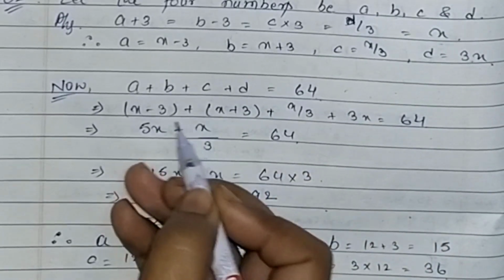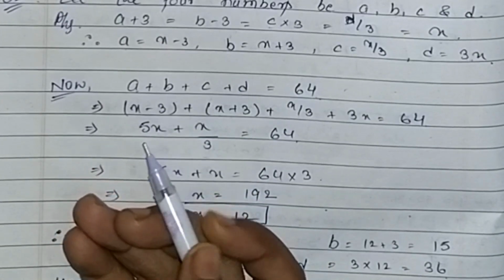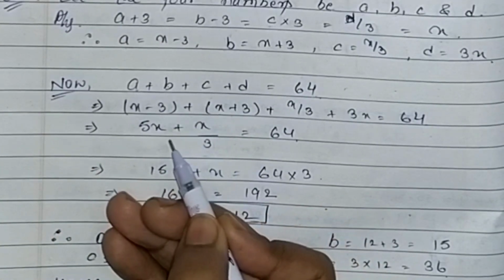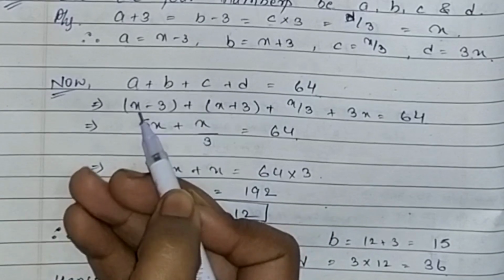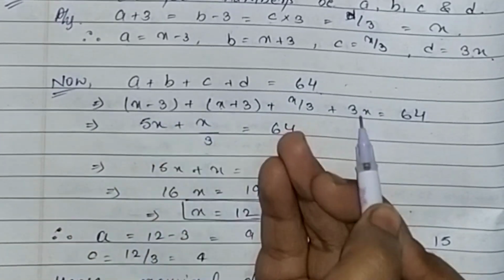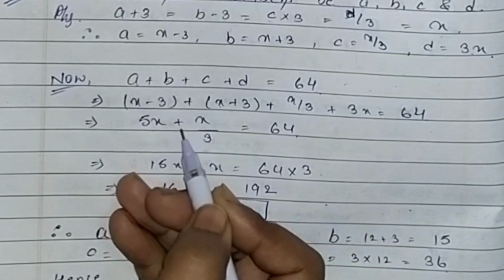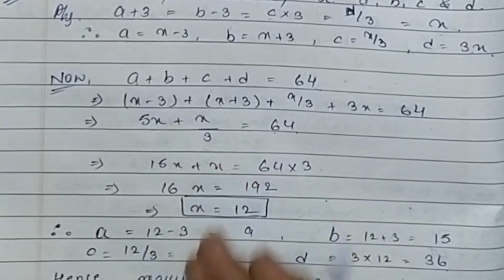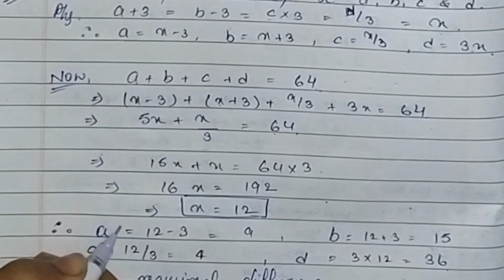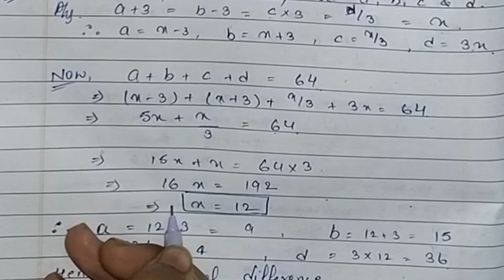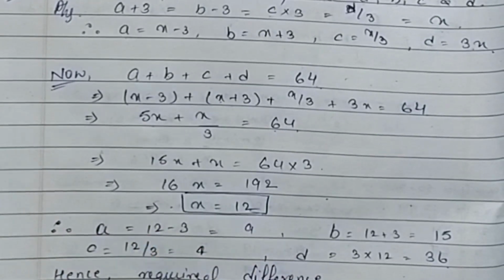After that, we will solve that equation. If we solve that equation, we will get x plus x, 2x, plus 3x is equal to 5x. Then x by 3 plus x by 3 is equal to 64. Then we further solved the equation and got the value of x as 12.